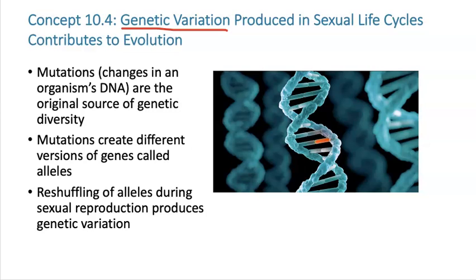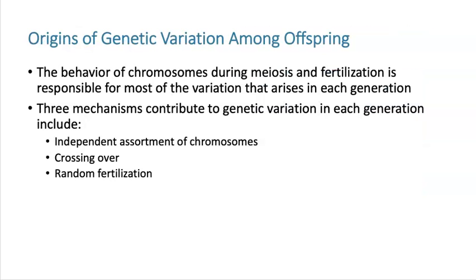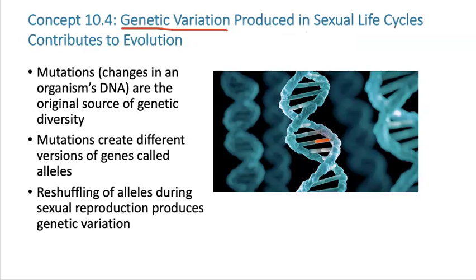But so is reshuffling of alleles during the sexual reproduction process. So chromosome behavior during meiosis and fertilization is actually responsible for most of the variation that exists in each generation. It's not mutation. Like I said, mutation, super important.